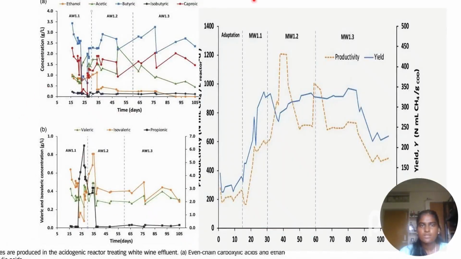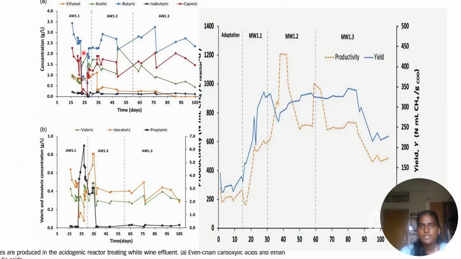This is the result of the production of acids during the acidogenesis. In this process, ethanol, acetic, butyric, and isobutyric acids are produced in the white wine effluent treatment process.